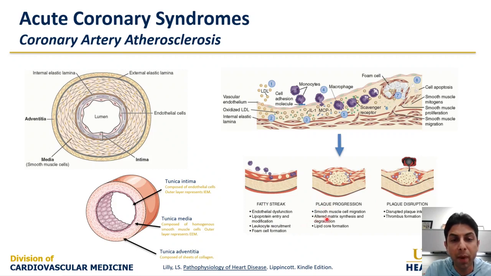And we talked about that smooth muscle cell migration that takes place. We talked about how there's elaboration of the extracellular matrix, and there's a lipid core that forms, a necrotic core. And then finally, when we have an acute coronary syndrome, there's plaque disruption. The intima ruptures. There's plaque rupture. And so there's disruption of the plaque integrity, and thrombus can form.